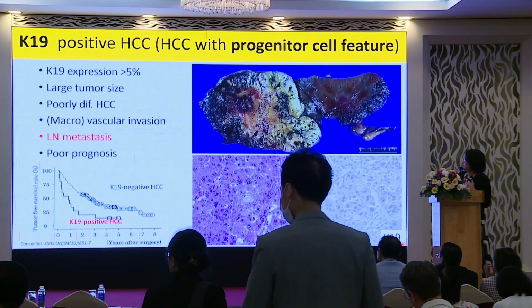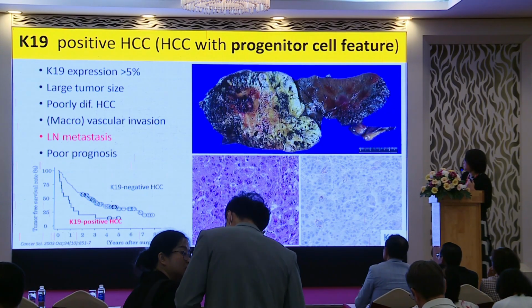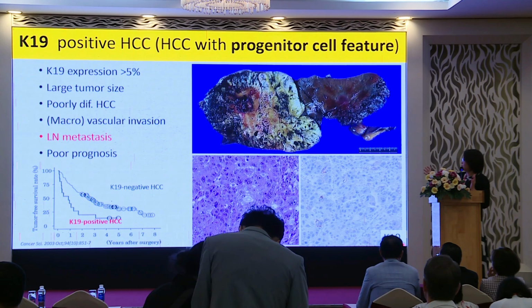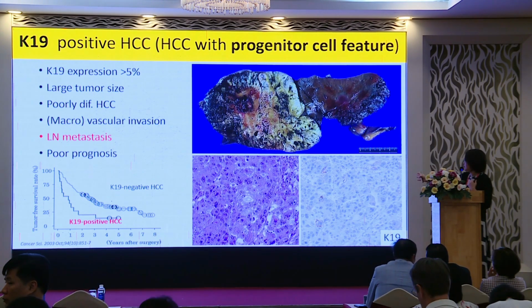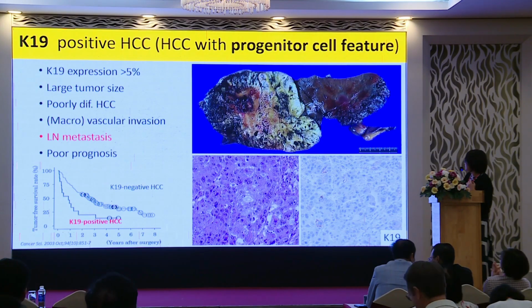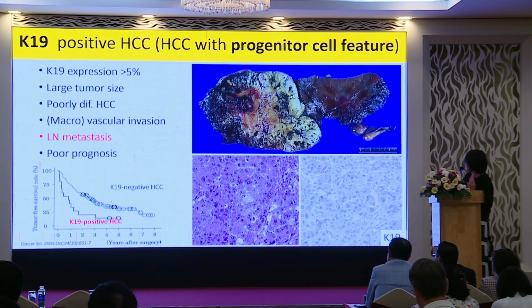And then keratin-19 positive ACC. This tumor usually presents as just normal hepatocellular carcinoma based on hematoxylin eosin staining. But when you perform keratin-19 immunohistochemistry, you can see weak membranous positivity in the tumor cells.